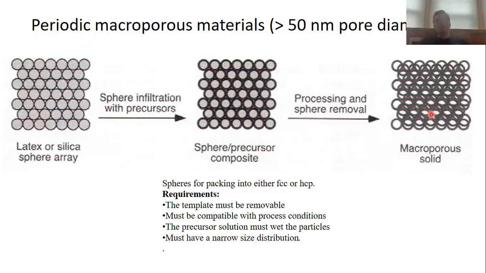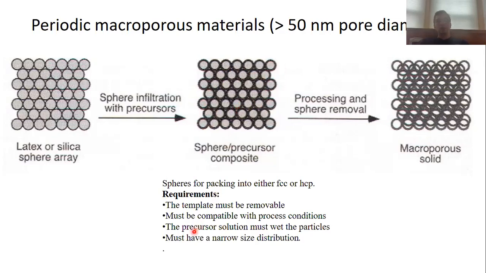For this process to work, of course, you have to have a template which is removable. So latex is good because you can just combust it. Silica is good because you can just dissolve it in HF or in a base. Of course, everything must be compatible with the process conditions. Your precursor must be able to wet the particles in order to fill out the space in between, so capillary interactions must be positive.